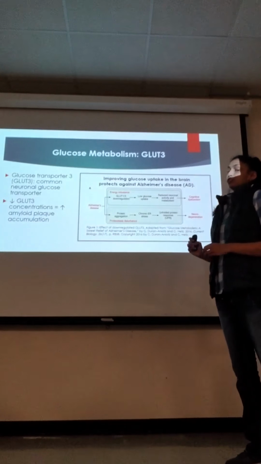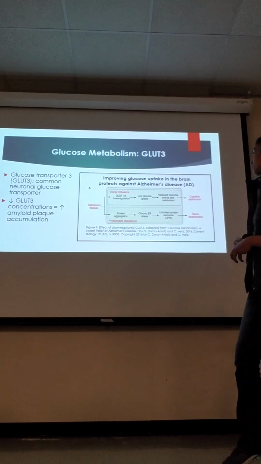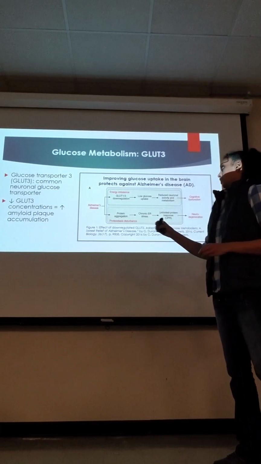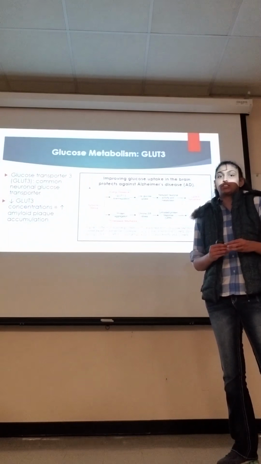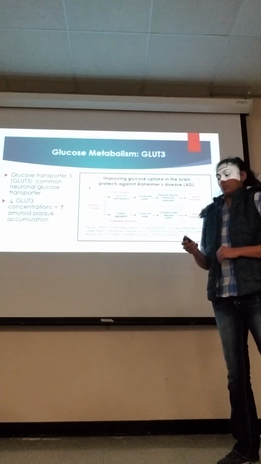This leads to reduced neuronal activity, reduced metabolism, and reduced cognitive function. It also shows that neurodegeneration is also a result of decreased GLUT3 concentration. In other words, GLUT3 concentration decreasing leads to increased amyloid plaque accumulation.